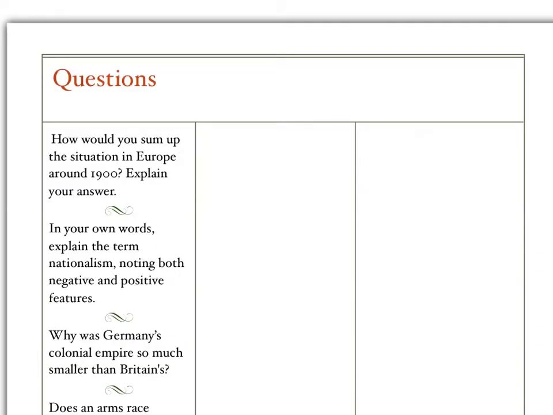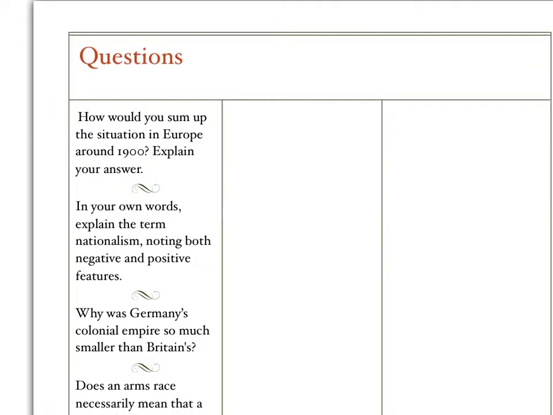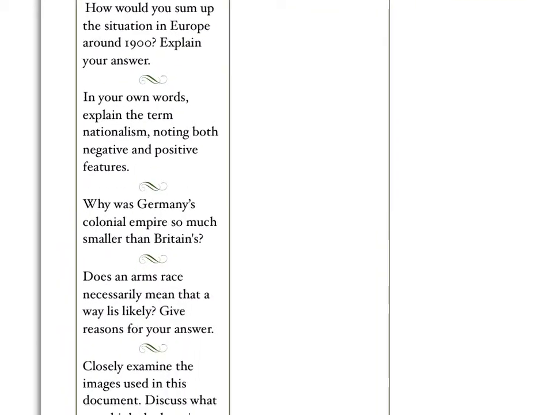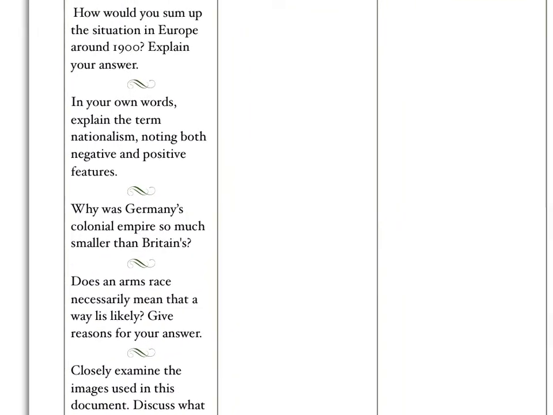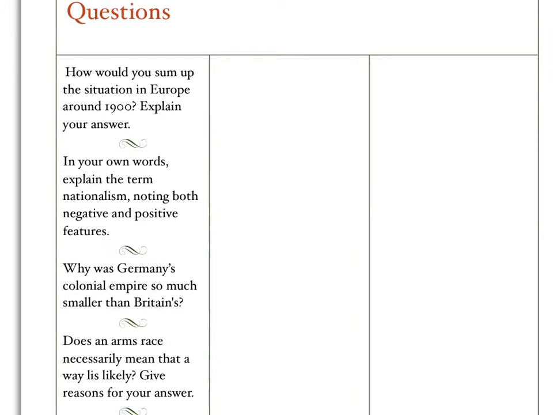Okay, so we've read through the bits of information that are on this document, and now these are the questions. So what you were asked to do for homework was to answer 4 out of these 5 questions. So we have, how would you sum up the situation in Europe around 1900? Explain your answer.